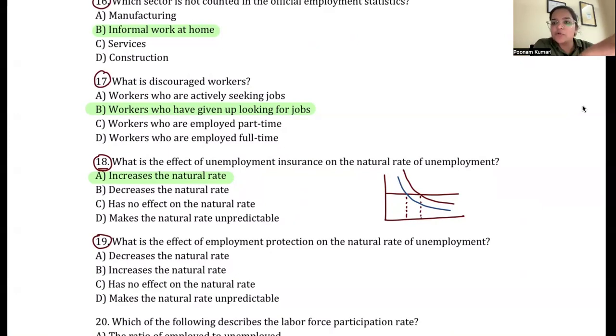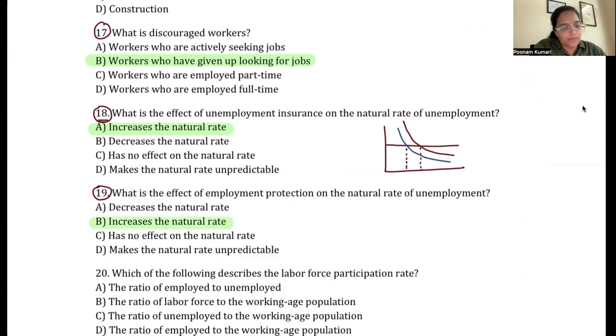So they won't fire you just like that, or they will have to give you a higher notice period, or they will have to give you 2 months of salary if they are firing someone, things like that. These are employment protection things. So in that case, the workers have a higher bargaining power. So at every single rate of unemployment, they would be asking for a higher wage. So it's the same situation here as well. Yes, ma'am. So this also increases the natural rate, right? So this will also be part number B.